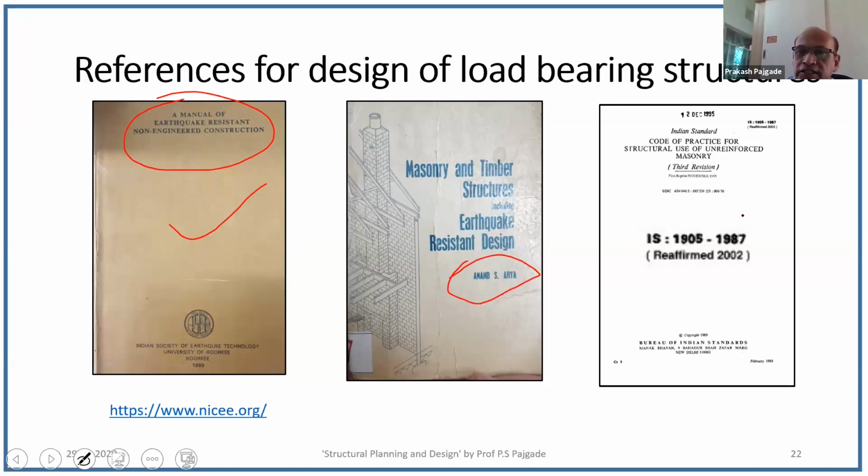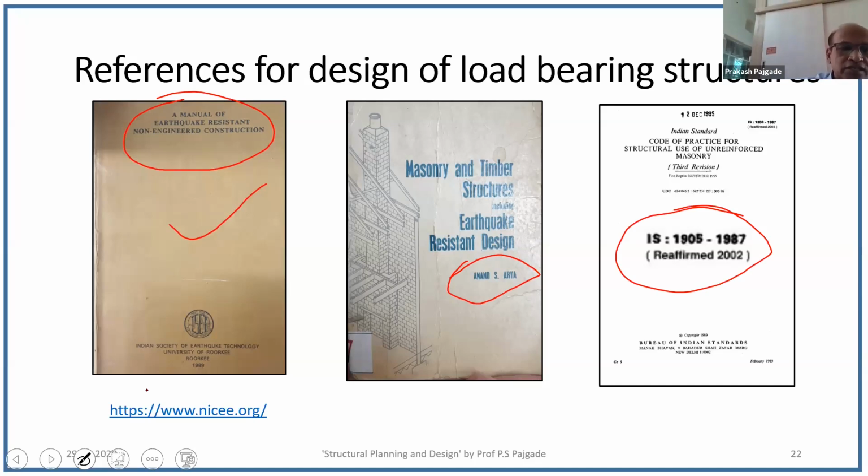And this is the code IS 1905. This will give us the guideline for permissible stress in tension, compression, and all other things are given. Now you can have all these material from this website, National Information Center for Earthquake Engineering. And if you want, you can purchase these books from this website also.